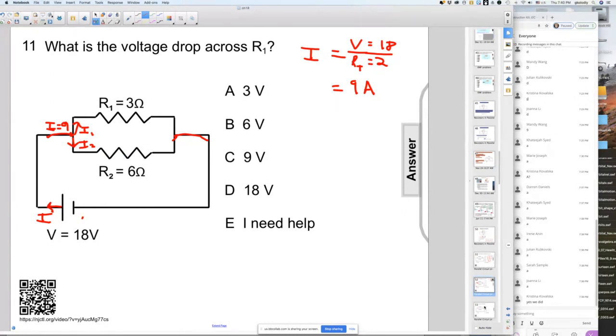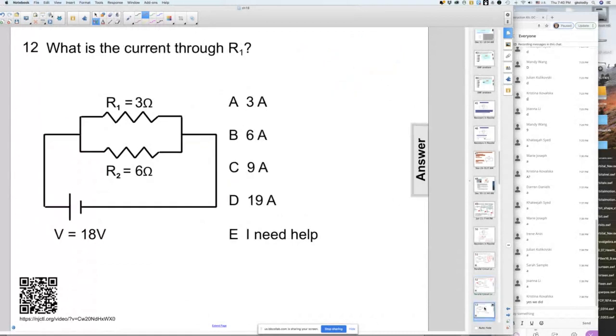Okay, and so the next question is going to be, what is the current through R1? All right, let's see if we can figure that out. I'll just write down what we know. We know that this I equals 9 amps.